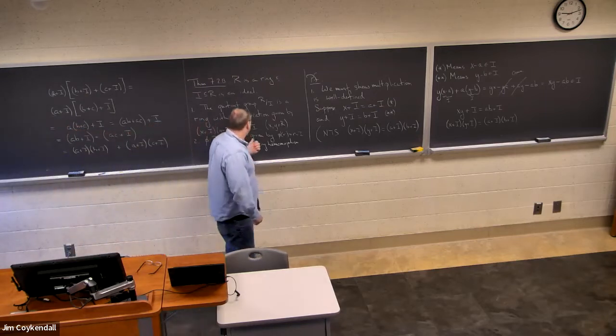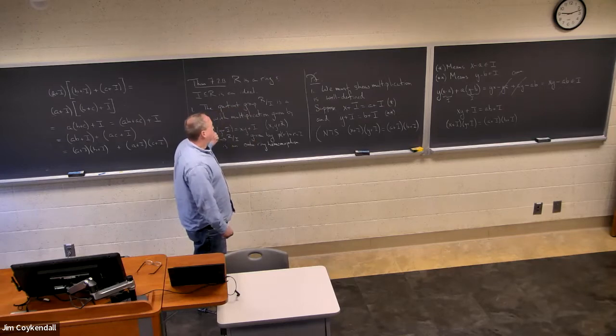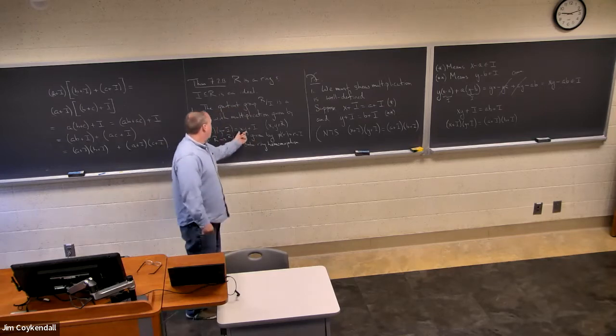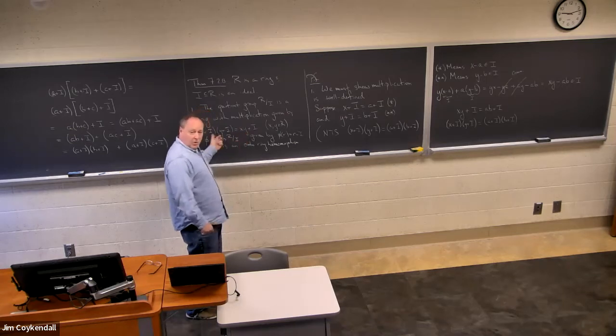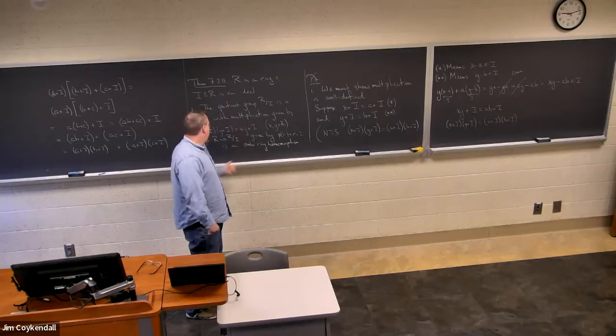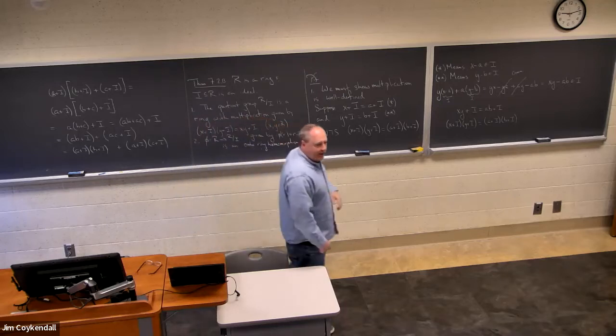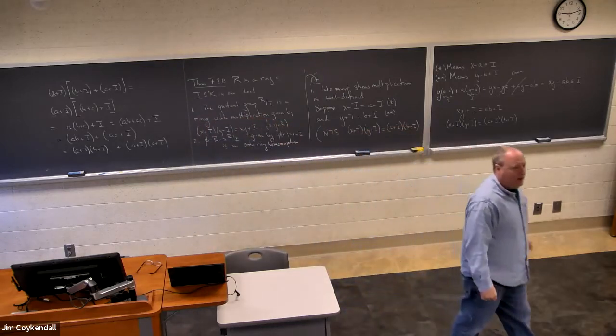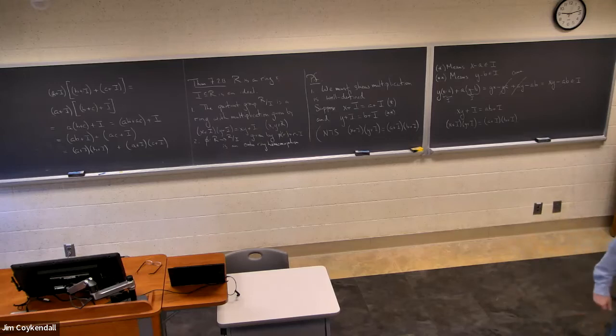And in fact, notice that since the original ring R is commutative, that means XY and YX are the same. That means that this quotient ring is commutative, because XY is the same thing as YX. So X plus I times Y plus I is Y plus I times X plus I. And if R has an identity, which I always assume, then R mod I has an identity.